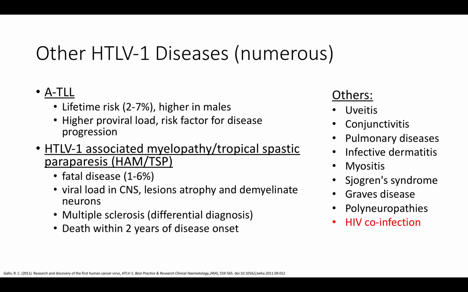There are many other comorbidities of HTLV1 infection. But the one that I want to mention is that once you're infected with HIV, you have a much easier time getting infected with HTLV1, as well as the inverse. If you have HTLV1, you have a much greater chance of being co-infected with HIV.